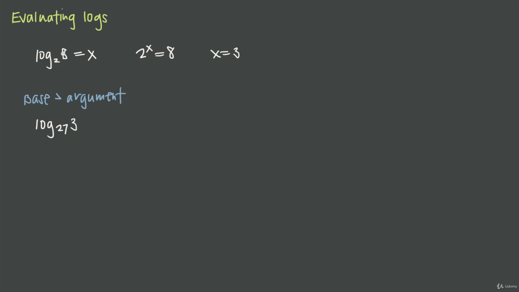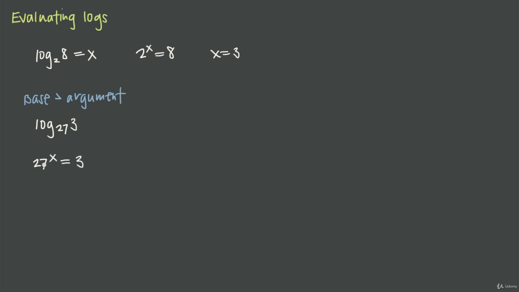Here the base is 2, the argument is 8, 2 is less than 8. But in this one, the base is 27, the argument is 3, and so the base is greater than the argument. We're still going to want to fall back on our general log rule and convert this to an exponential function. When we do that, we'll get 27 to the x is equal to 3.